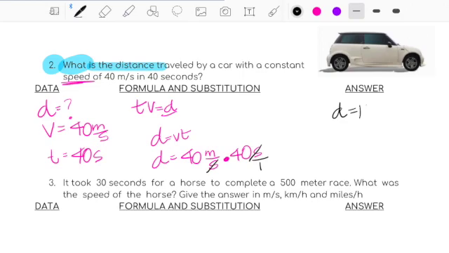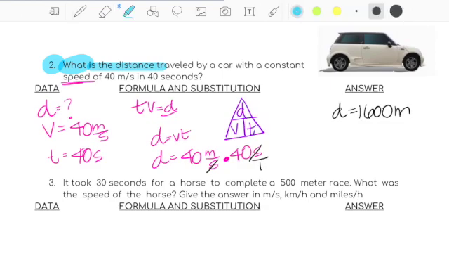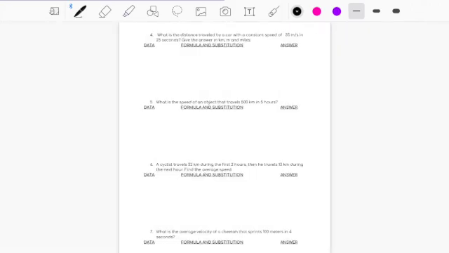So distance equals 1,600 meters. Okay? The other way to do it is that if you have your triangle, you have velocity, distance, and time. And you're searching for distance, well, remember that this means multiplication, so you will need to multiply it.